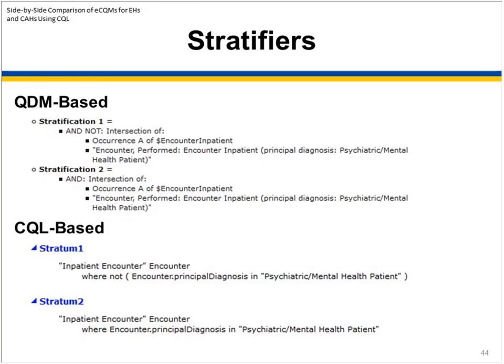So this first stratum is saying the encounter that does not have that as a principal diagnosis, and stratum 2 is encounters that have that as a principal diagnosis. And again, the use of occurrence here. This is how we did this in QDM, and where in CQL we just reference inpatient encounter and further restrict it using a query there.